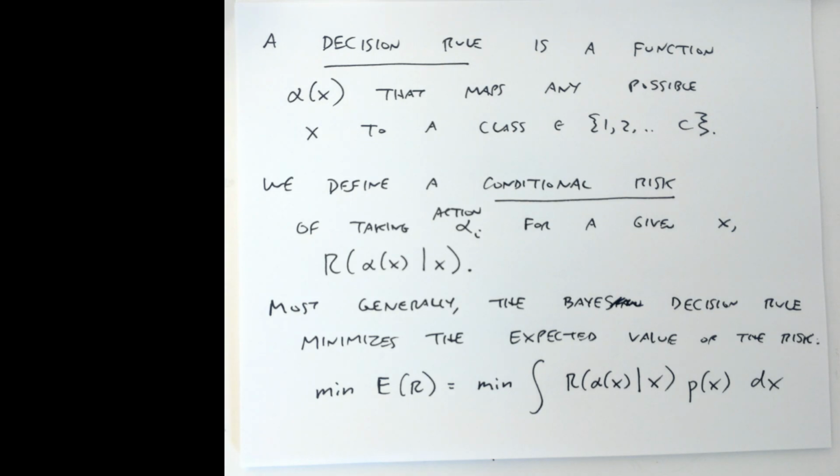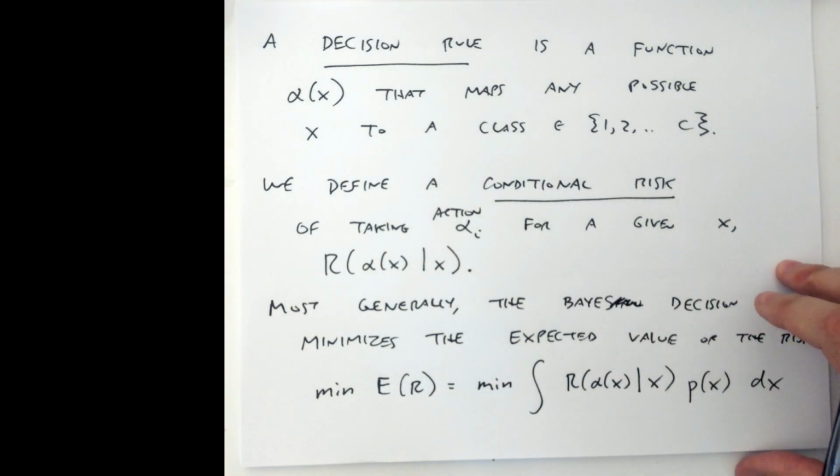Because it's kind of like saying, okay, there are only c possible choices that I can make for every value of x in this setup, right? I'm making one of c choices. So I can boil this down to say, all I have to do to make this as small as possible is to make the least risky choice I can at every possible x, and there are c possible choices I could make.